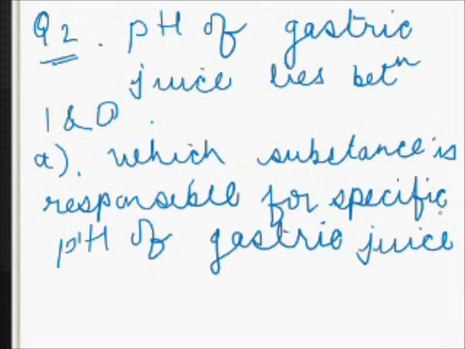The answer is hydrochloric acid is responsible for the specific pH of gastric juice.